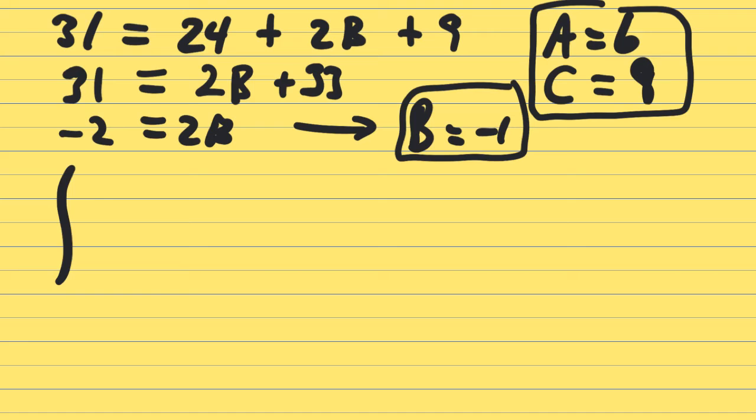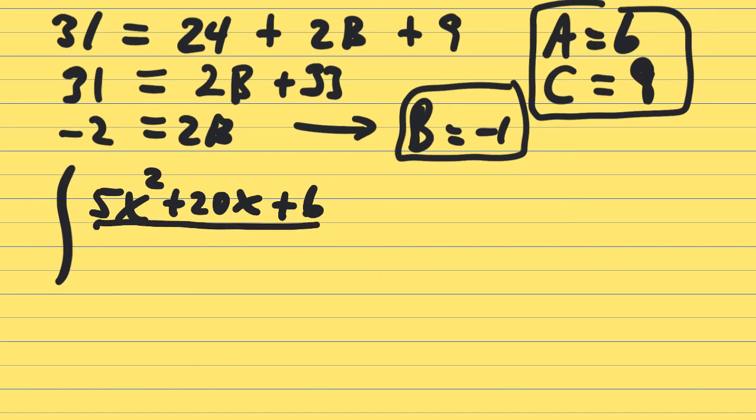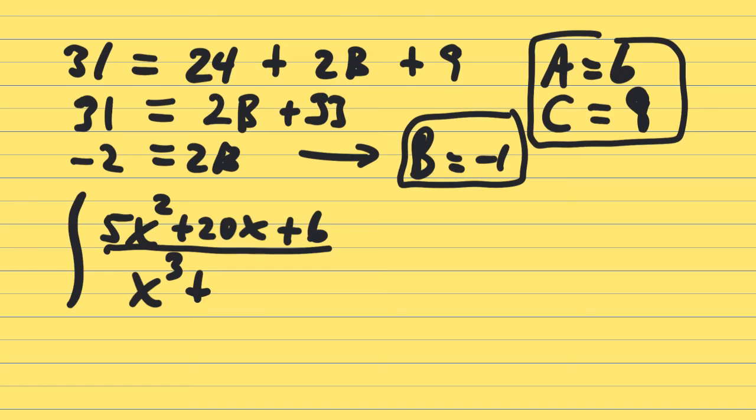Okay, so our original fraction, we had 5x squared plus 20x plus 6 all over x cubed plus 2x squared plus x dx.